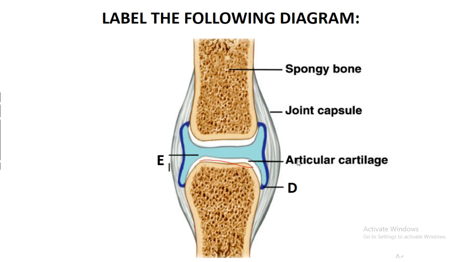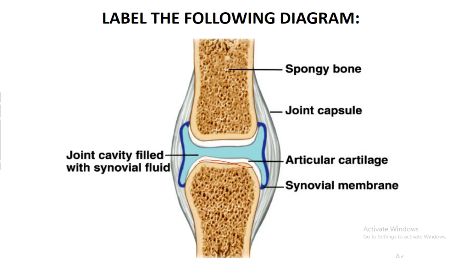As a result, it doesn't have blood vessels. Instead, it normally gets its nutrients from the synovial cavity by the process of diffusion. When we talk of D, D is simply the synovial membrane. And then the last one is just the joint cavity filled with synovial fluid.